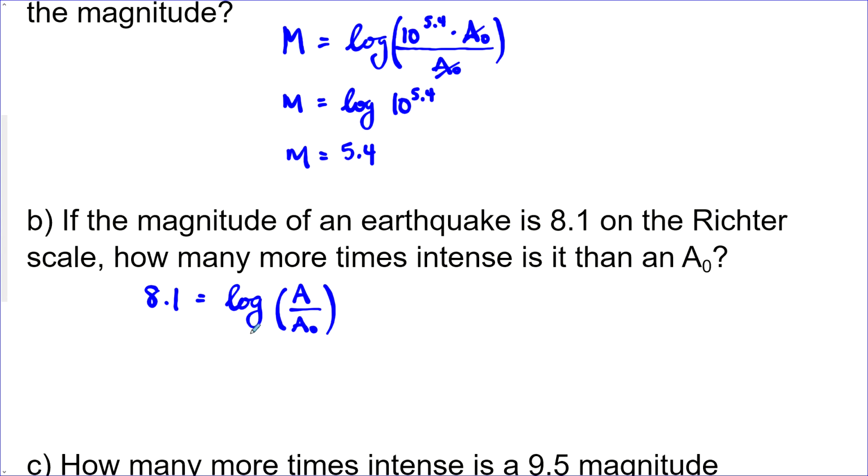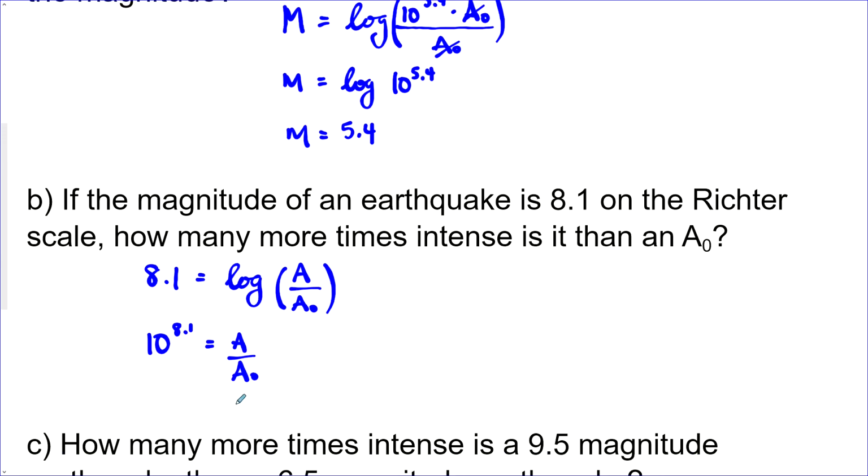So let's rewrite this into exponential form. So the base of this log is 10, so that will be the base of our exponent. This is our exponent, and this is A over A0. Now, to solve for A, we just need to multiply both sides by A0, and that actually gives us that A is 10 to the 8.1 times A0.